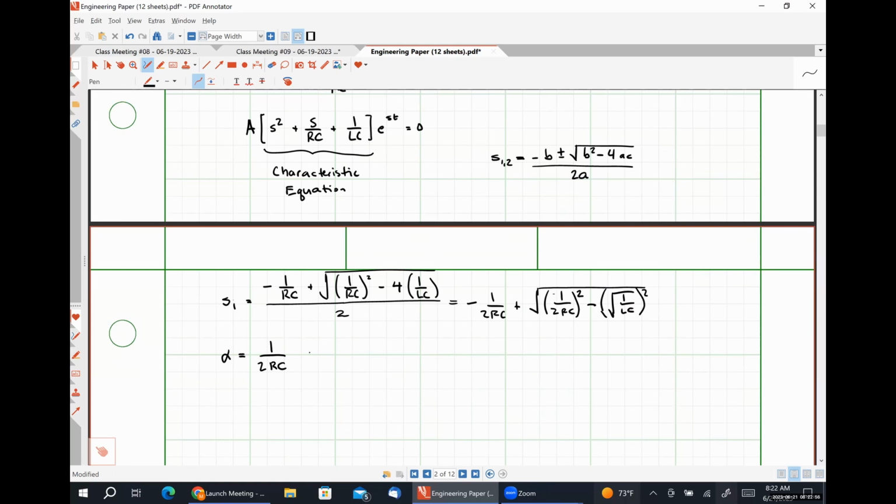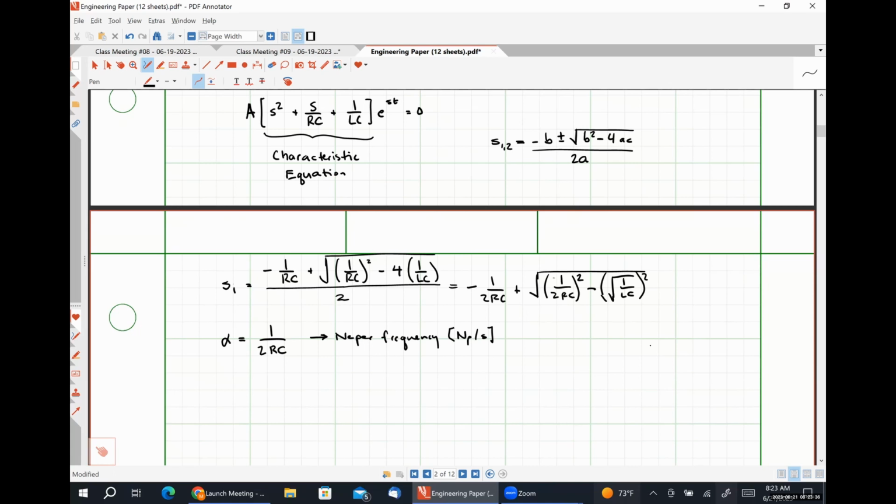This is what's called the Neper frequency, measured in Nepers, a dimensionless quantity, per second. And what the Neper frequency is, it represents the rate of decay of our signal. So it is similar to the role a time constant played in our first order transient analysis problems.